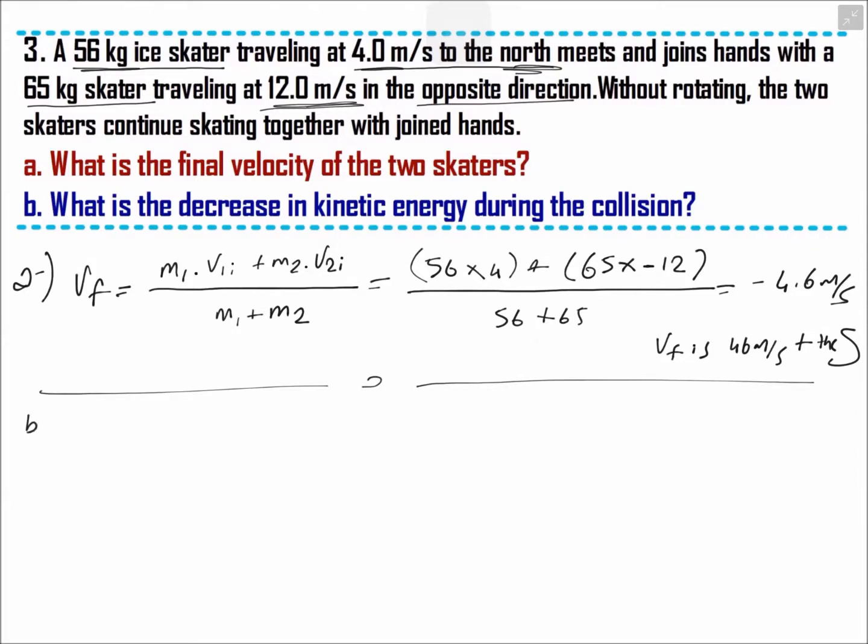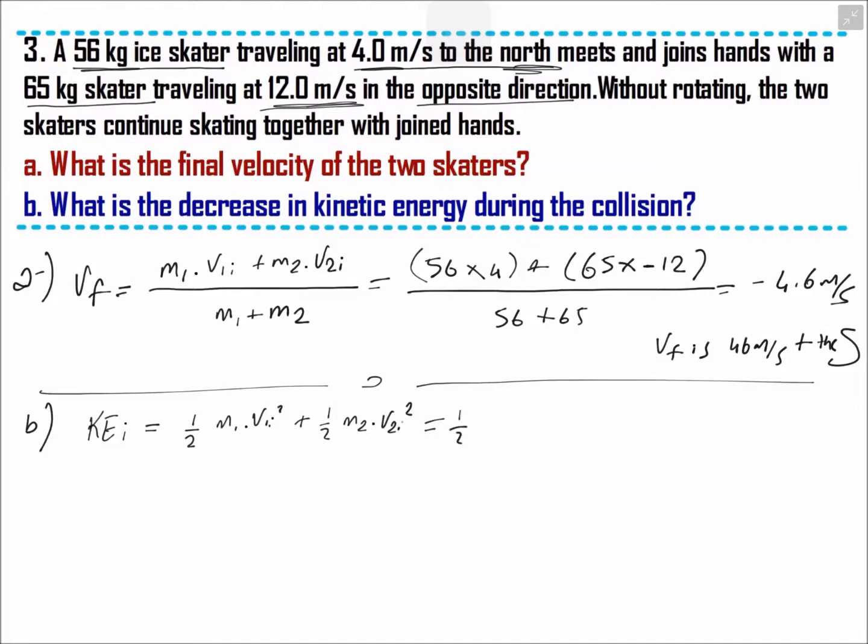And at part B it says, what is the decrease in kinetic energy during the collision? So we have to calculate kinetic energy initial and kinetic energy final. So initial kinetic energy is half m1 times v1 initial squared plus half m2 times v2 initial squared.